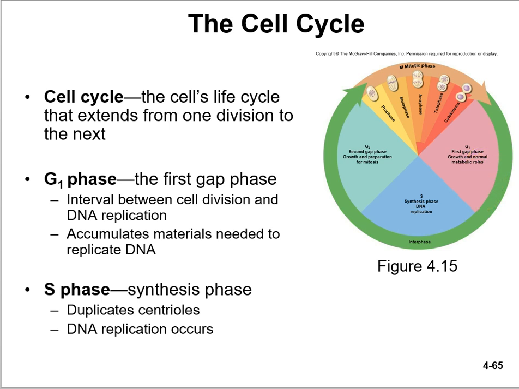This is when enough materials are accumulated which are needed to replicate the DNA. It's also a phase in a cell's life cycle where it's doing normal cell things like making energy and making proteins and such, but it's also growing and getting enough materials collected for when it enters the next phase, which is S phase, when replication occurs. S is for synthesis.